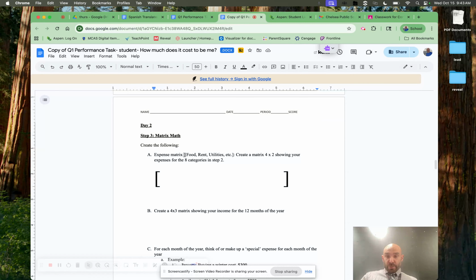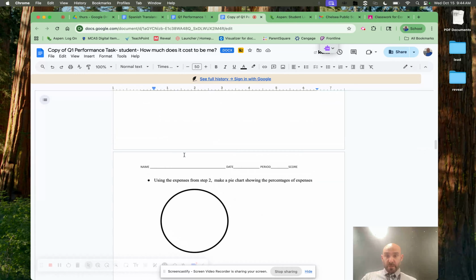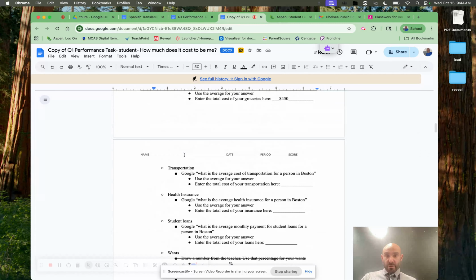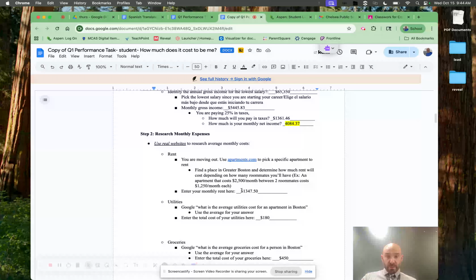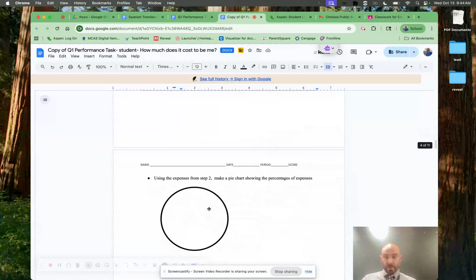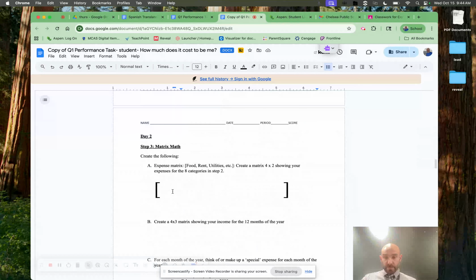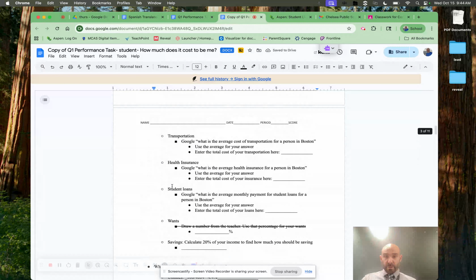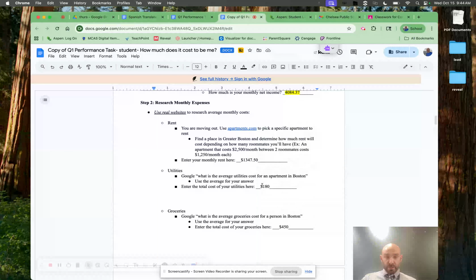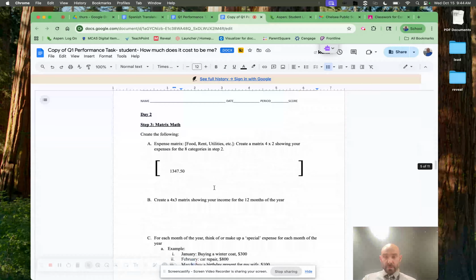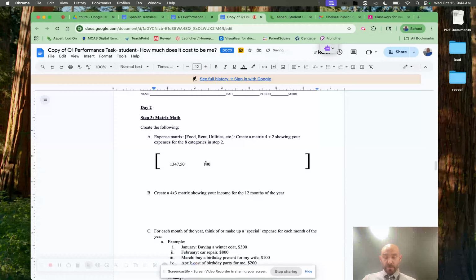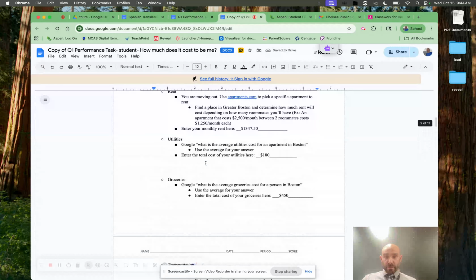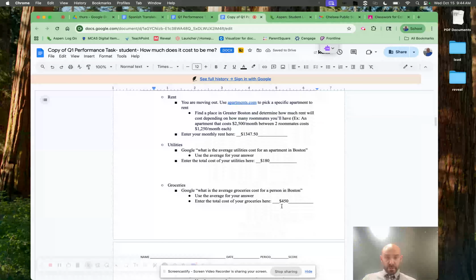so I need to include, my first one is going to be how much I'm spending on rent. So my rent is going to be $1347.50. And then my second one is going to be utilities. My third one is going to be groceries.